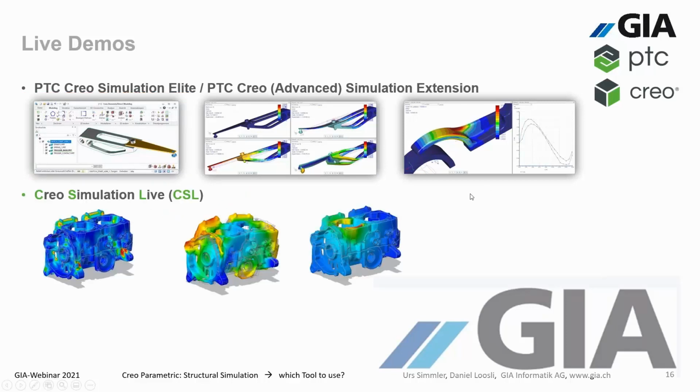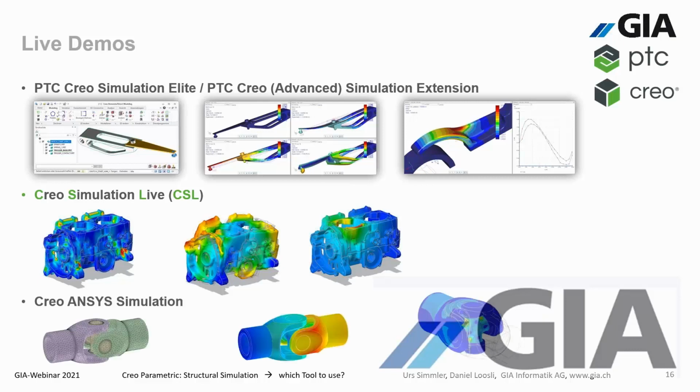Then we're going for Creo Simulation Live, fast and furious. I hope it will work on my machine because I have a non-certified graphic card with only 1 gigabyte of GPU RAM, and the recommendation from PTC is 4 gigabytes. At the end we'll see the new integration of Ansys Simulation with the AIM technology.